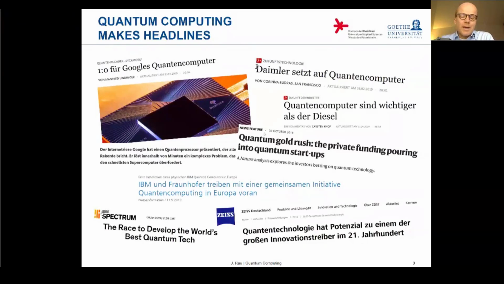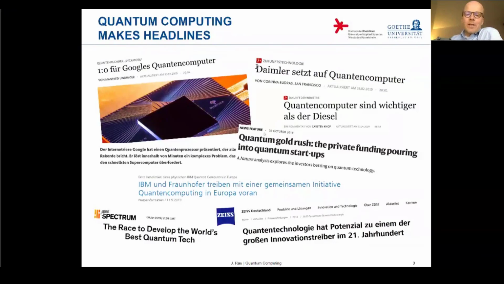And also, I'm sure you're aware that there are various companies that are looking into applications of quantum computing, including, for example, here in Germany, various major car manufacturers that are looking at quantum computing as a way to solve complex optimization problems.